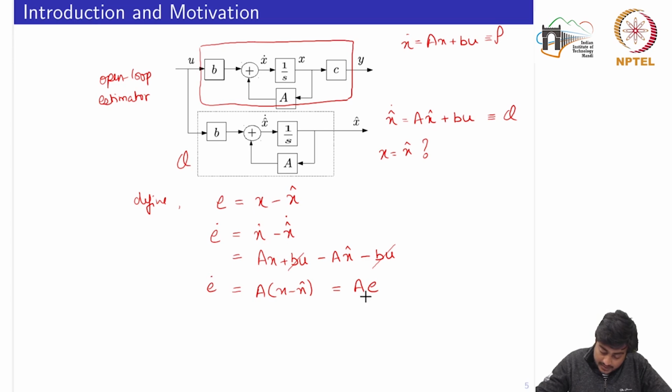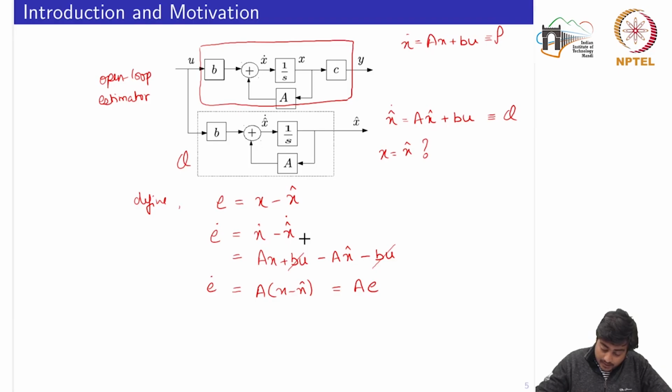Okay, so we have discussed this a number of times, that this now becomes a homogeneous system even if there is a mismatch between x and x hat at any point of time. And if the eigenvalues of this A matrix are on the left hand side, then we can say the error between the state and its estimation would go to 0 as t tends to infinity.